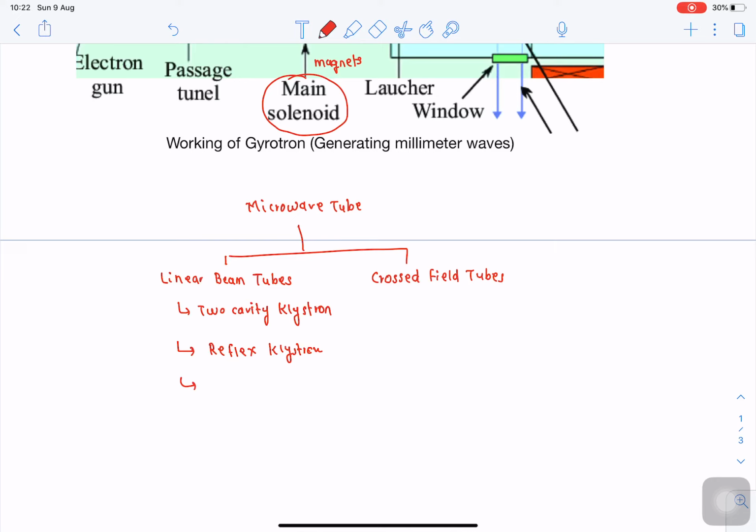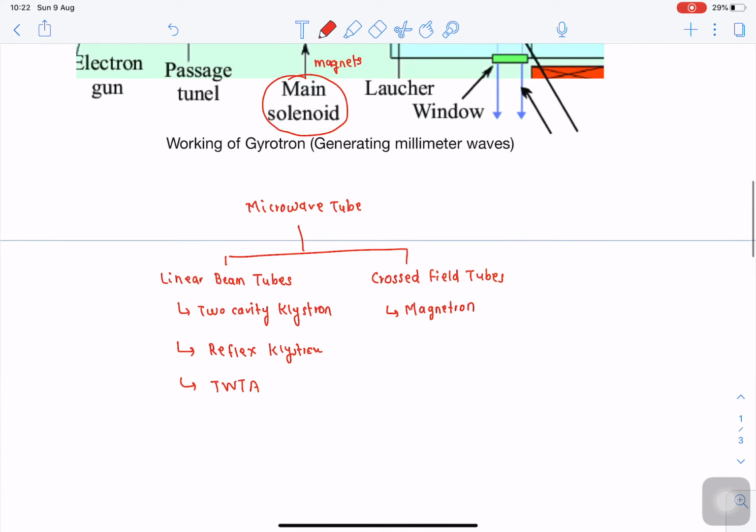Then we came across the traveling wave tube amplifier. And as the very first type of crossed field tubes, we saw the magnetron. All these linear beam tubes and crossed field tubes are called primitive types, or the basic types of tubes.